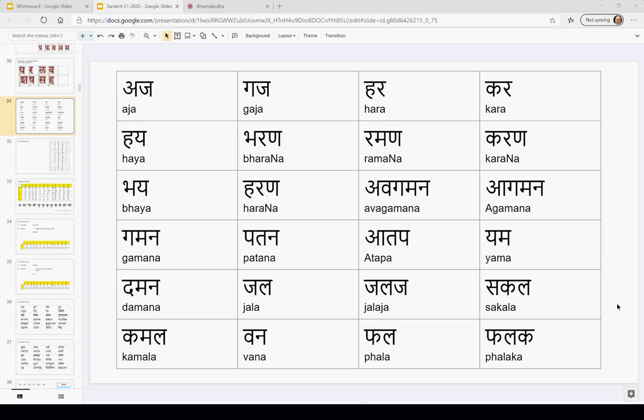Kamala is also lotus, and Vana means forest. Phala is fruit, and Phalaka is board, like a blackboard or a whiteboard, not an iron board.